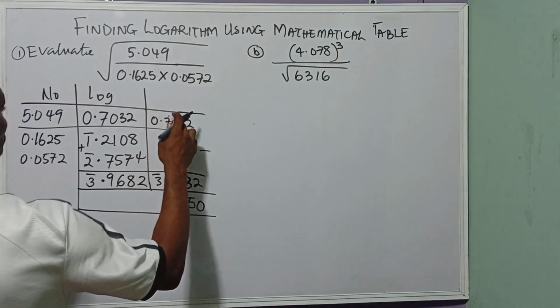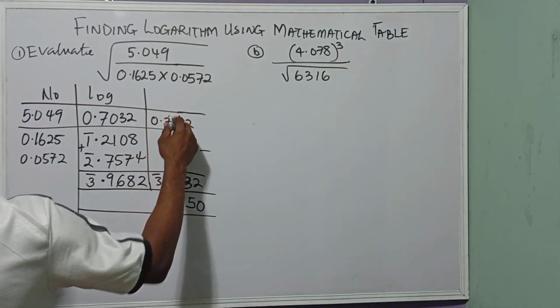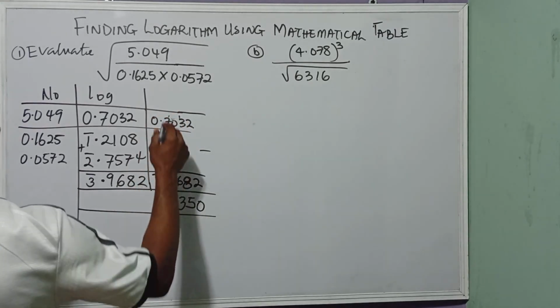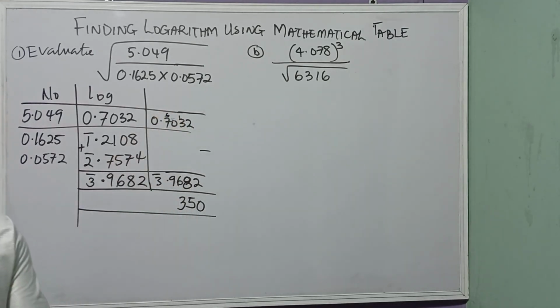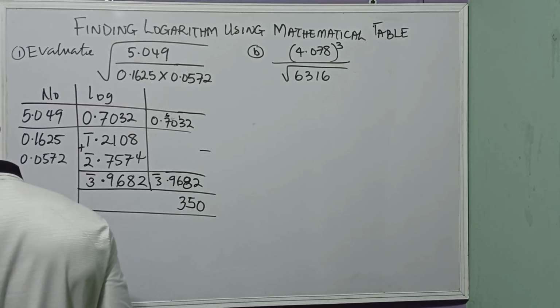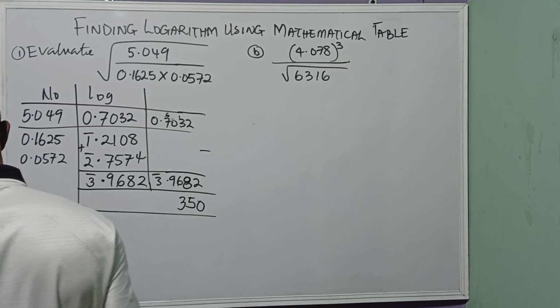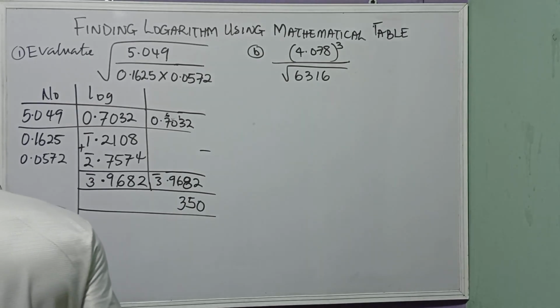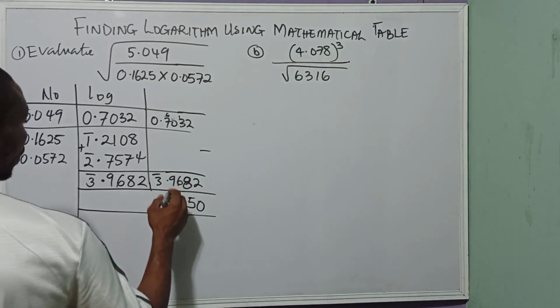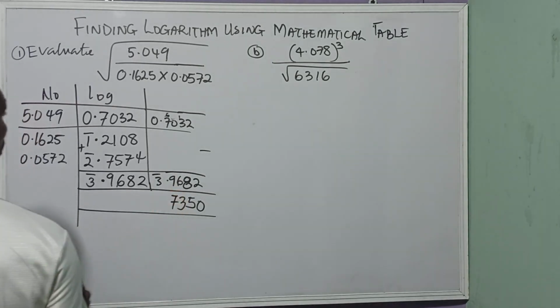Alright, now 9 minus 6 will give us 3. This is remaining 6. So we borrow 1. Now 16 minus 9 will give us 7.